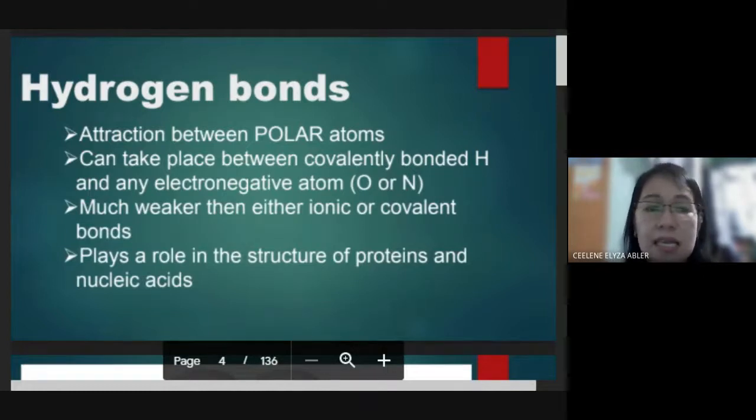Yun siya ang ginagamit natin na mga bonds. So, kapag between molecules na, it's van der Waals. If it's between the elements to form the compounds, it's the hydrogen bonds. And it's usually by covalent, it's both nonpolar or polar covalent bonding ang ginagamit din.